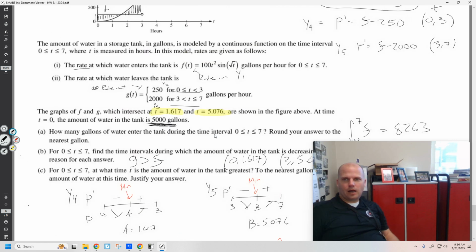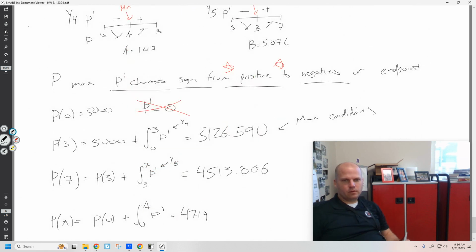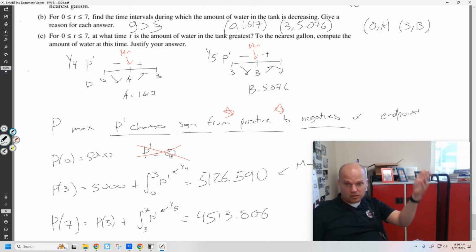Okay. It might actually be helpful to have it listed off as y4, y5. That way they know you're looking at different p primes for different time intervals, incorporating the rate in minus the rate out for the different time intervals, accumulating them differently. You know, it's like p prime from 0 to 3 is different than the p prime from 3 to 7.